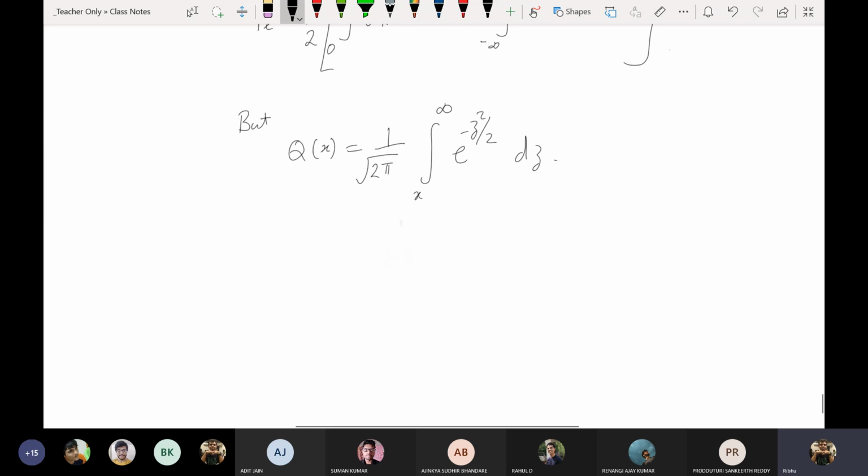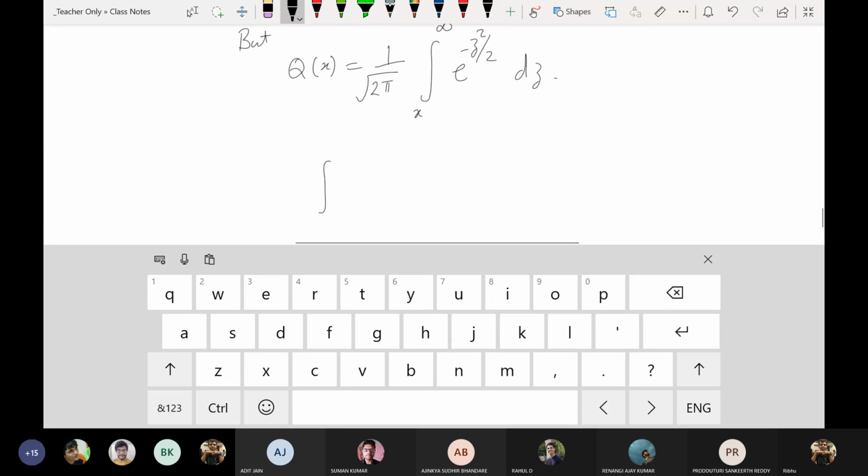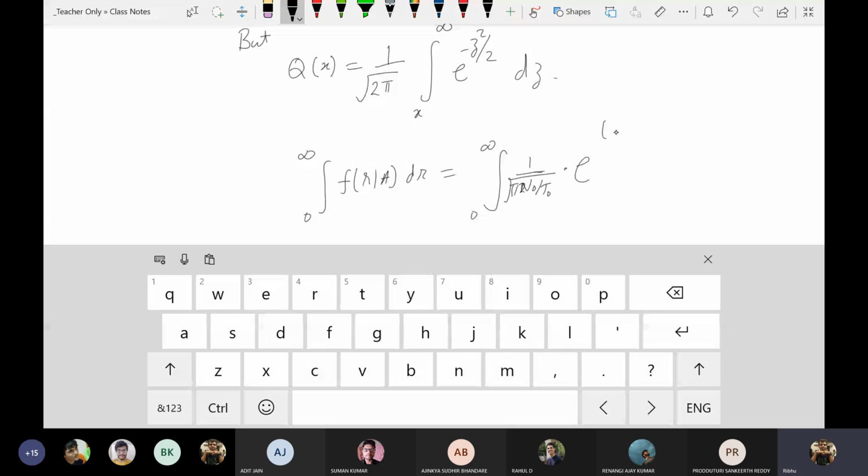Fine. So the integral from 0 to infinity of f r given a dr equals 1 over root pi N naught Tb times e to the power minus r minus a whole square by N naught Tb. Fine, this beast.